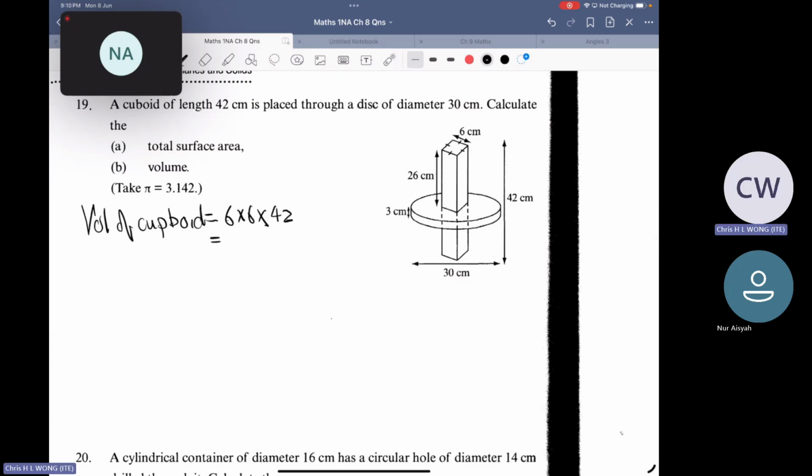Is it 1512? Correct. 1512 cm cube. The cuboid is done.